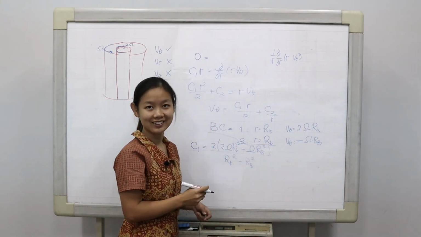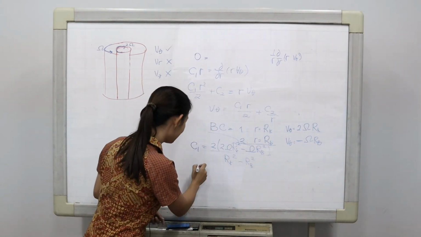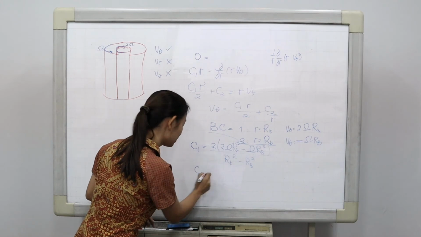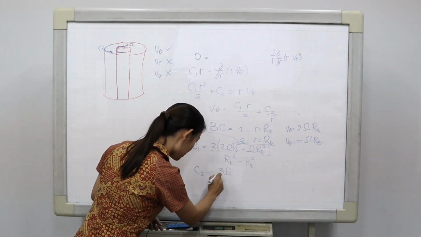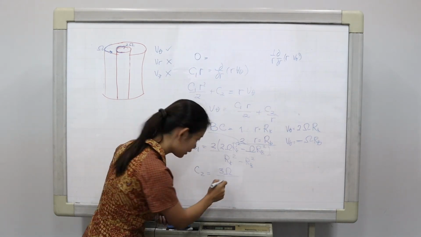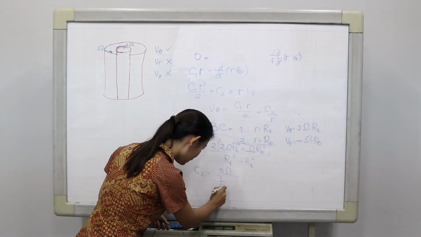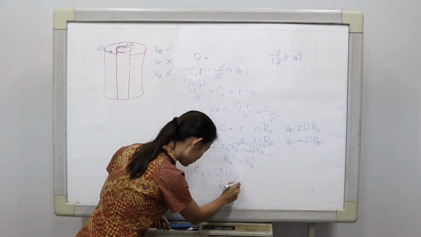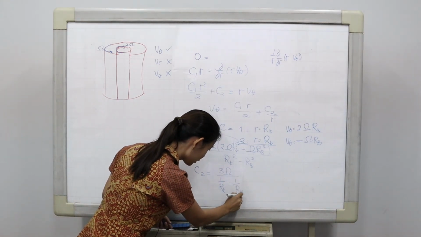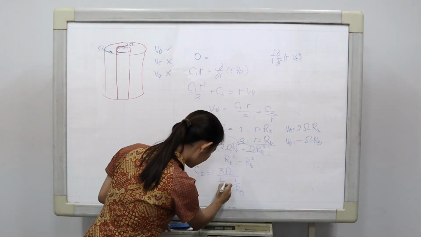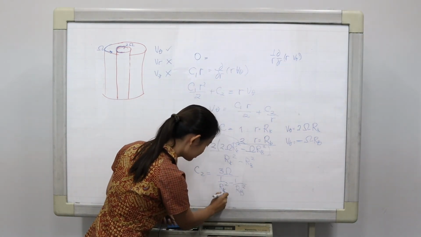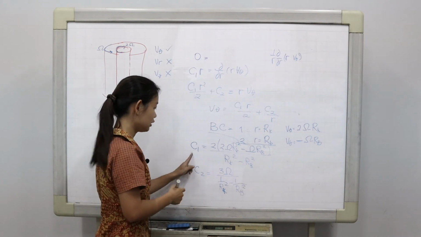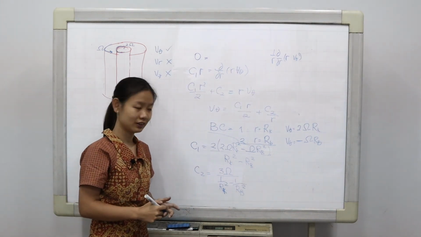Hopefully it's correct; you can check later. C2, we're going to have 3 omega divided by 1 over r_k minus 1 over r_b. Forget the square. Okay, so these are C1 and C2.